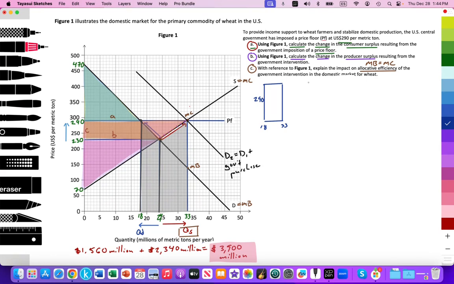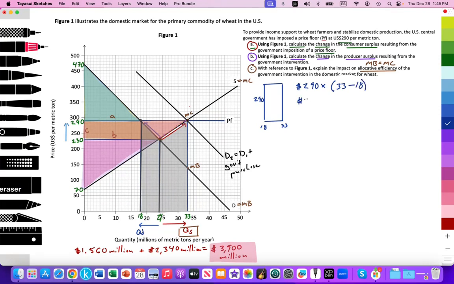Okay, so here we have the surface area of a rectangle is going to be 290 multiplied by the base, and the base is going to be the difference between 33 million metric tons minus 18 million metric tons.